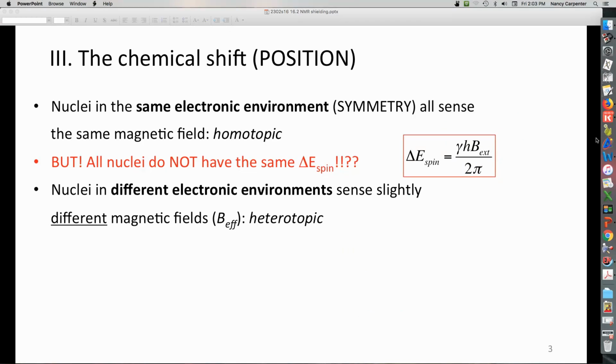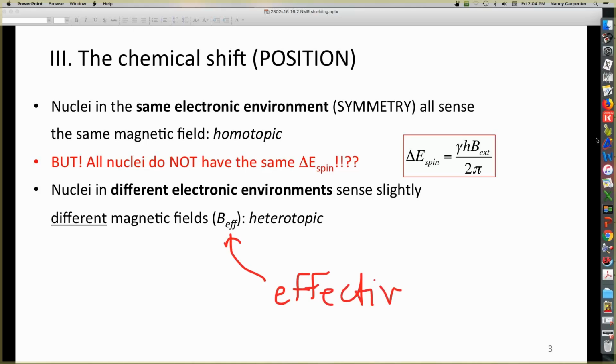It turns out that all nuclei don't have the same delta E. They don't all show up in exactly the same place because they are actually in different electronic environments, and therefore they sense slightly different magnetic fields. We call the magnetic field that the nucleus senses the effective magnetic field.